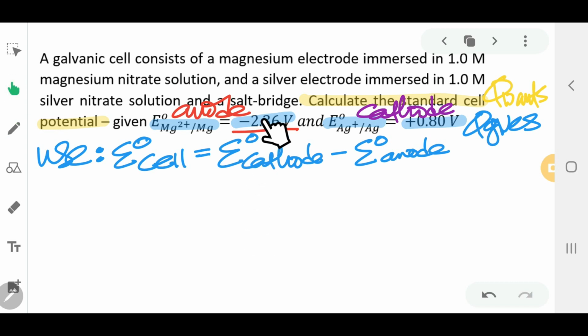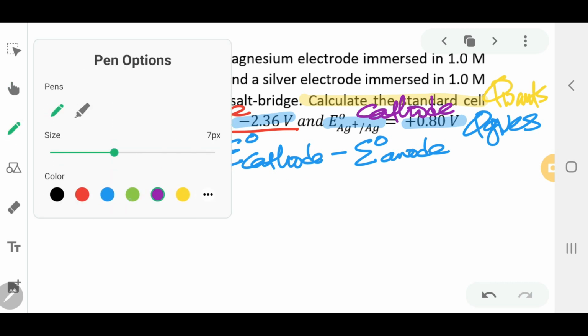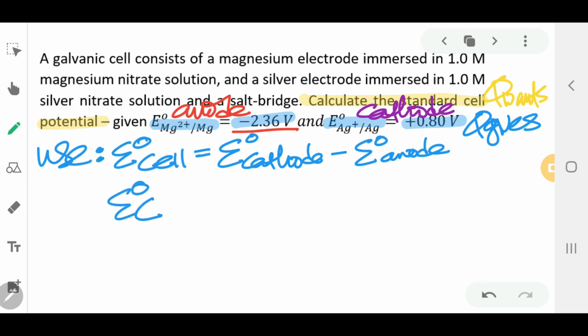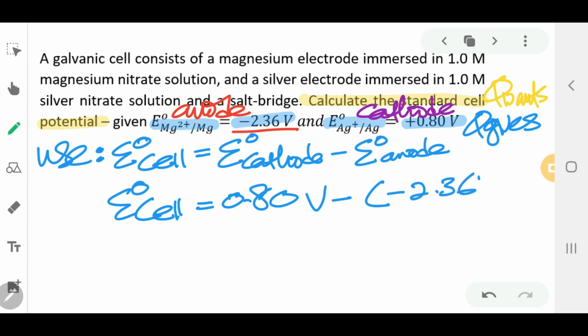So we're just going to simply plug in the values inside, and we'll get E naught cell equals to the value of the cathode, 0.80 volts, minus the value for the anode, negative 2.36 volts, and the final answer should be positive 3.16 volts.